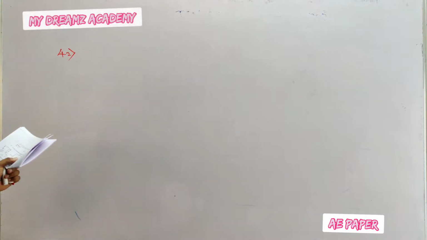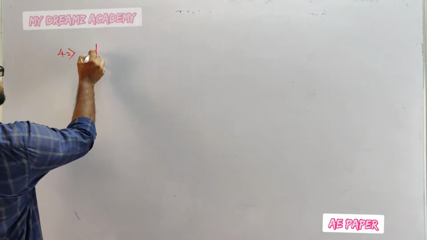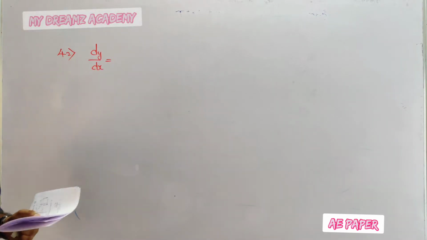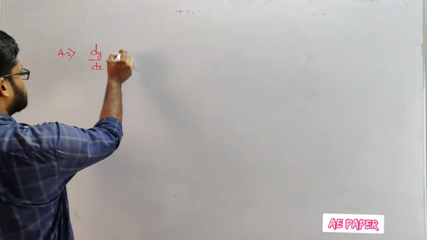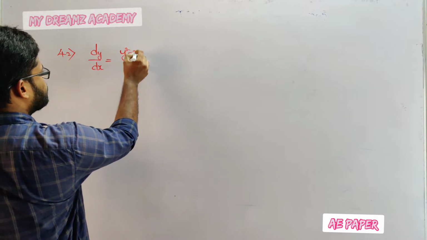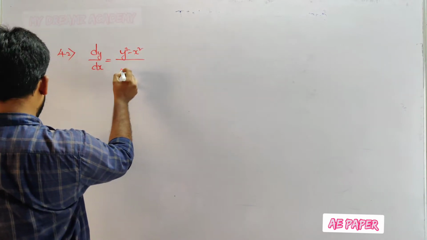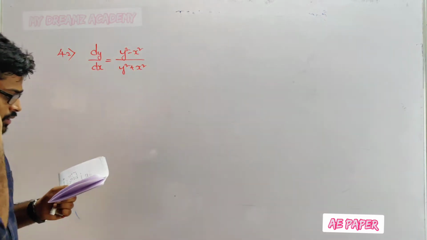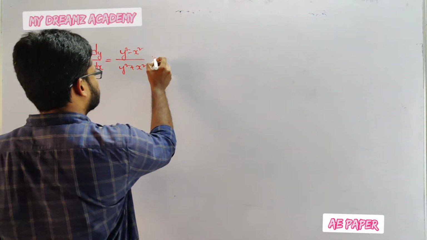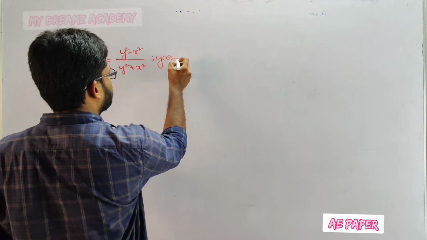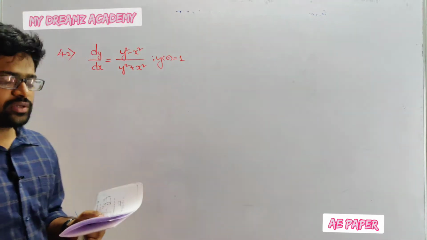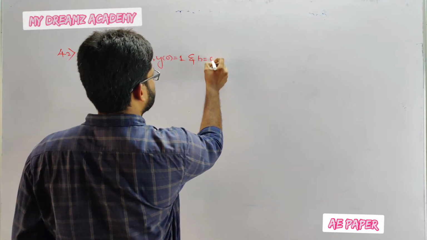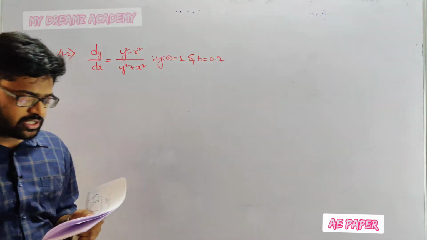The question is dy by dx equals (y square minus x square) divided by (y square plus x square). Now y of 0 equals 1, and h equals 0.2.